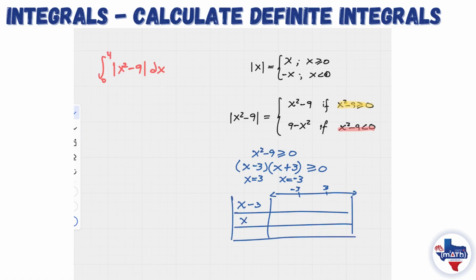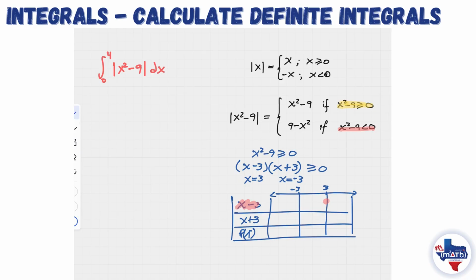Okay, I have x plus 3, and I have the polynomial of x, which will be the multiplication of both. So this is continuous because it could be greater or equal to. The value that will make 0 this initial expression here is the value of 3.